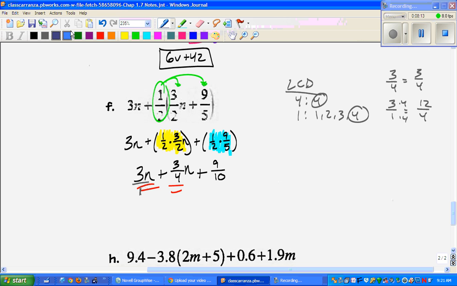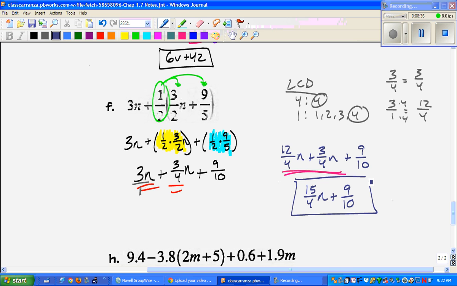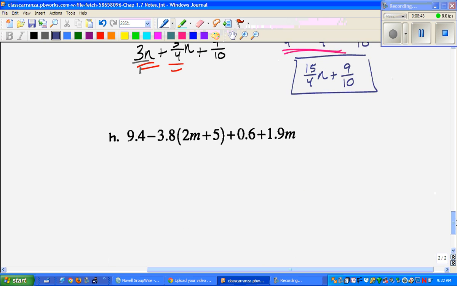So what we are really adding here is 12/4n plus 3/4n plus 9/10. After you combine the like terms, we get 15/4n plus 9/10. Now, we do not combine those two numbers because they are different terms, okay? One has a variable, the other one doesn't. So that's it.